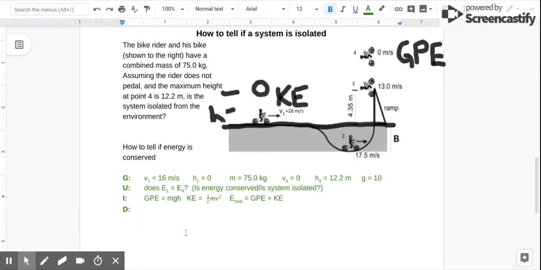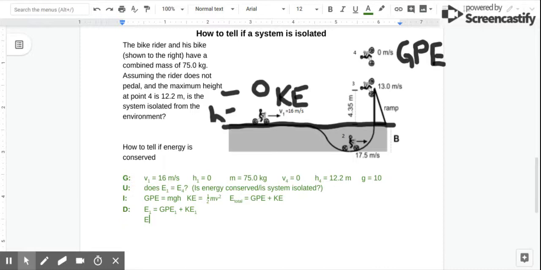So let's get going. We're going to talk about E1 first. I'm not going to use a table in this one, because we only use tables when we know that systems are isolated, and here we don't know that. So E1 equals GPE1 plus KE1.